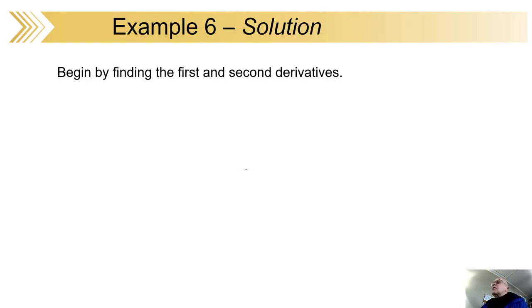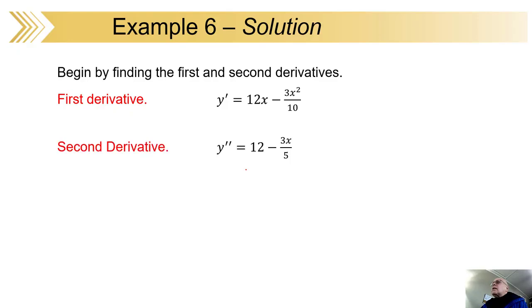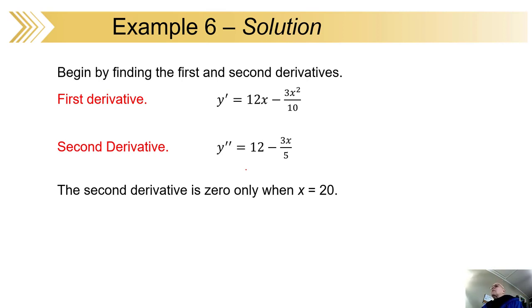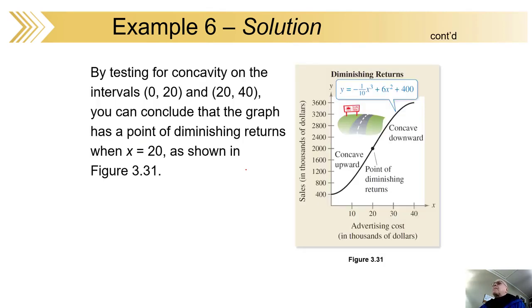So first, get the derivatives. There's the first derivative. There's the second derivative. And just by setting equal to 0, you can see where the second derivative is 0. X equals 20. There's your picture.